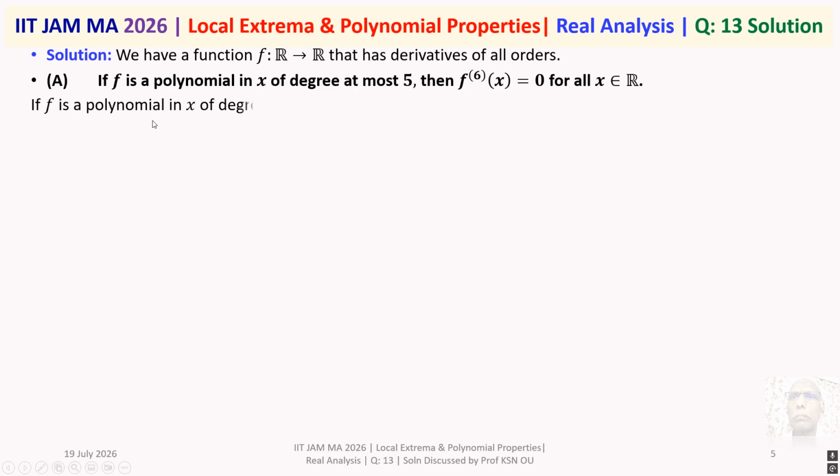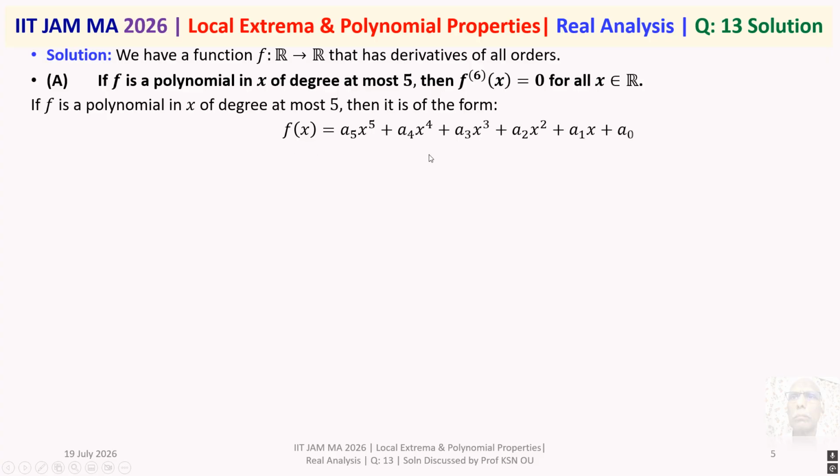If f is a polynomial in x of degree at most 5, then what will be the general form? f of x will be a5 x to the power of 5 plus a4 x to the power of 4 plus a3 x cube plus a2 x square plus a1 x plus a0. This is the general form.